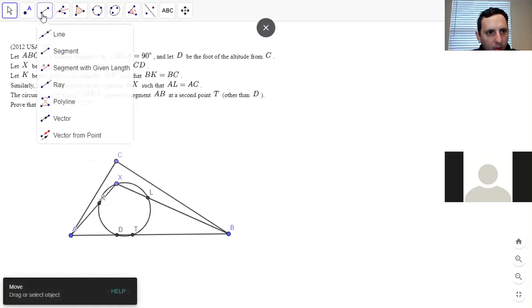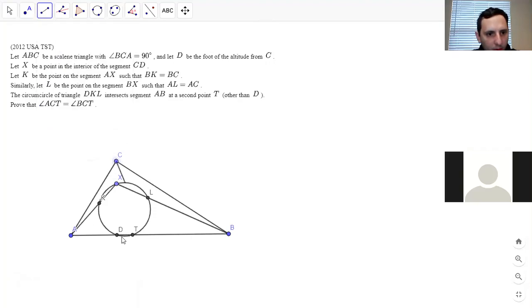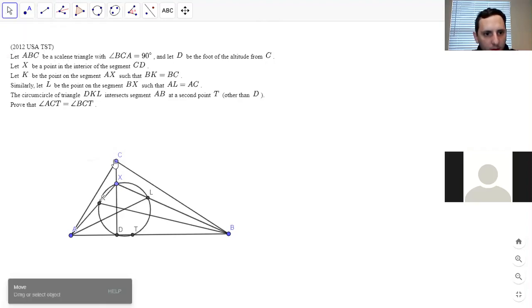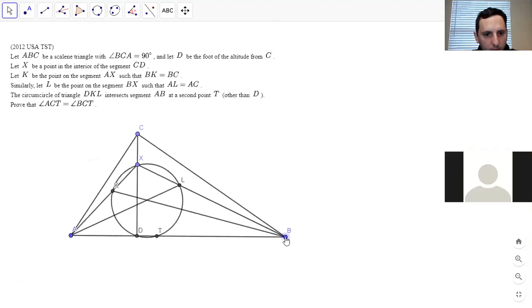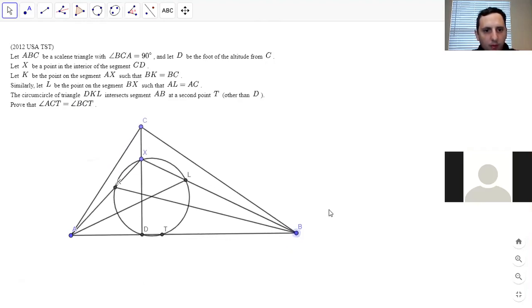So we have two isosceles triangles, ACL and BCK, like that. This is interesting. So X is a variable point, and then everything gets constructed from there.